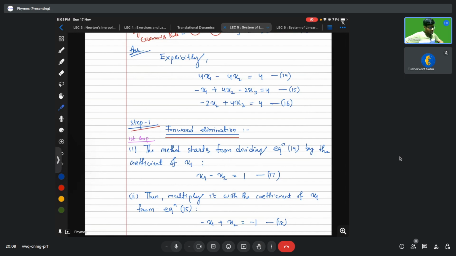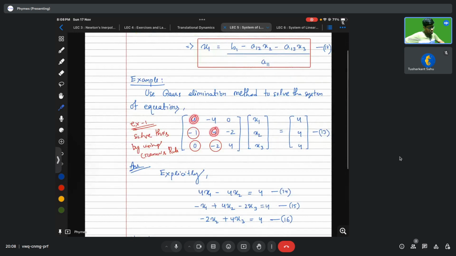Suppose it is 0 here, 0 here, 0 here. Then to eliminate this -1 in the first step, you have to divide the coefficient of x1 throughout this equation, and then you have to carry out the further process. But here, as you can see, the coefficient of x1 is actually 0. That is why you cannot divide it.